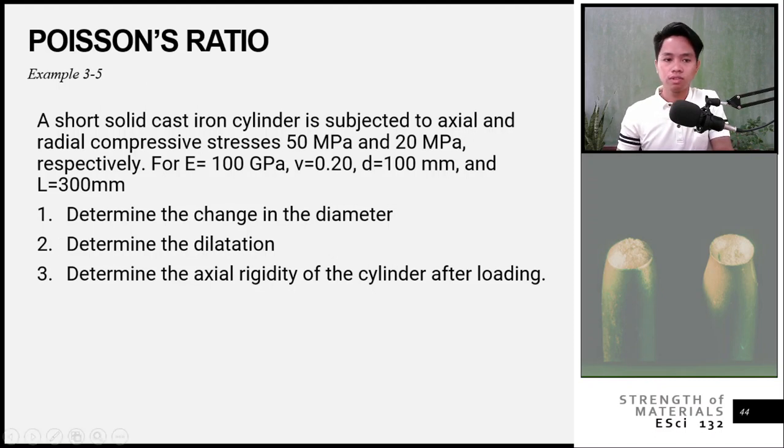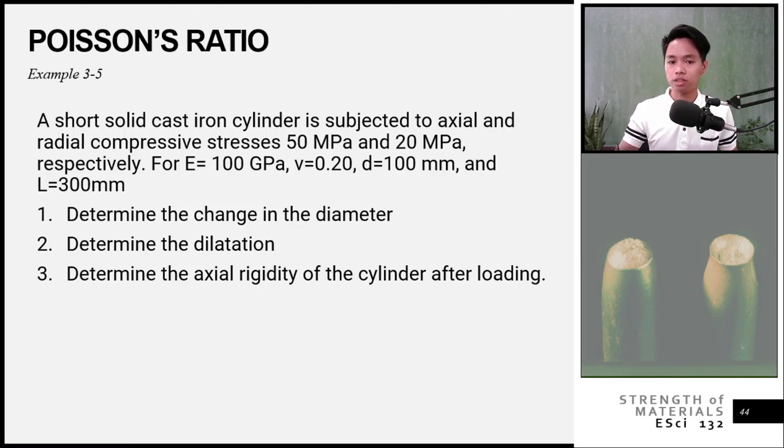The concept is the same, so I will not solve it anymore; you can skip ahead in the video. It is the same process as the previous example, Example 3.4. I guess you can do it. What I want to emphasize here is determining the axial rigidity of the cylinder after loading. So, I would like to emphasize the words after loading.